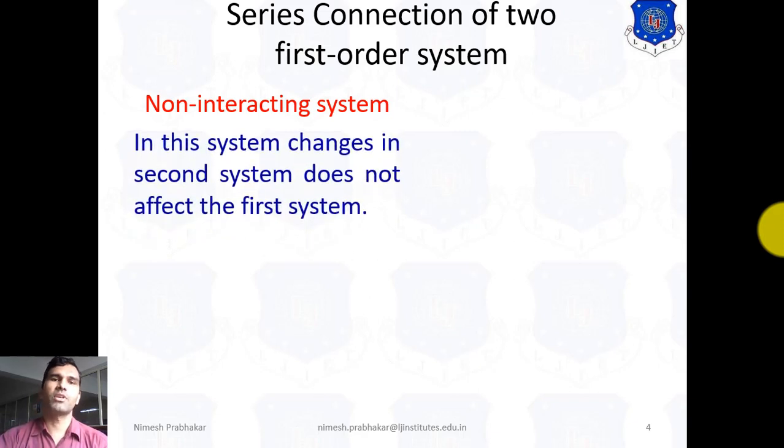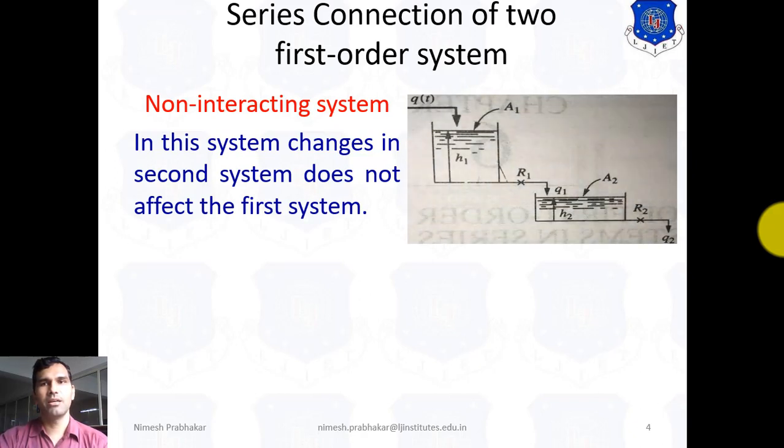In this system, a change in the second system does not affect the first system. Now we understand by the help of one example. See here, this is a first order system, and this is also a first order system. Here we take the example of a liquid tank system, and these two tanks are connected in series.